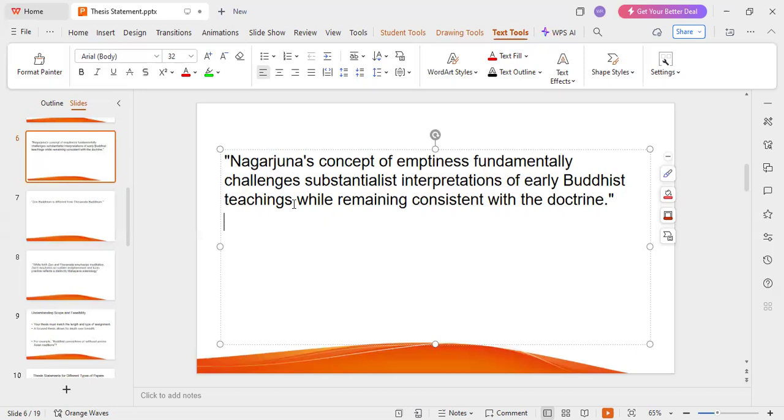There is a specific claim, and this requires evidence. When you use a claim like this, you cannot just argue with your personal opinion, because you are referring to Nagarjuna and to early Buddhist teachings. So it requires evidence and also analysis, not only evidence.